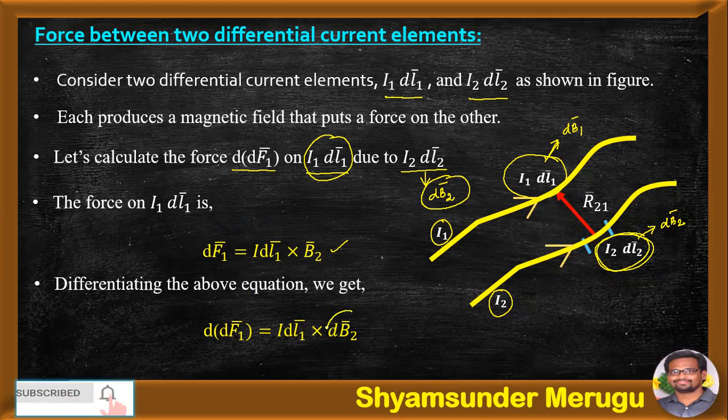In this expression, we are going to find out the expression for dB2 bar, and after getting the expression and substituting in this expression, we can calculate the force exerted on the current element I1 dl1 bar. Now let us consider this particular expression as equation 1.